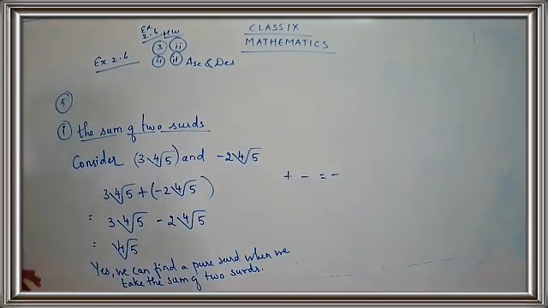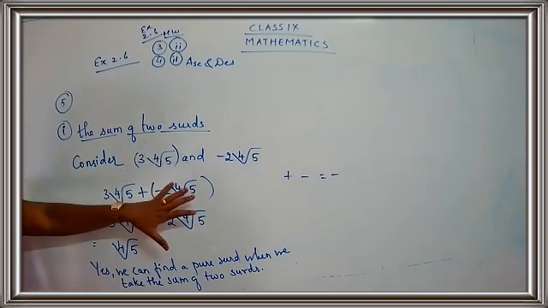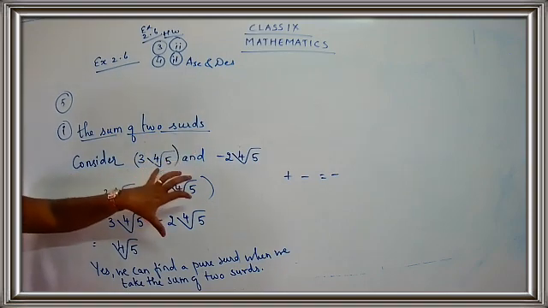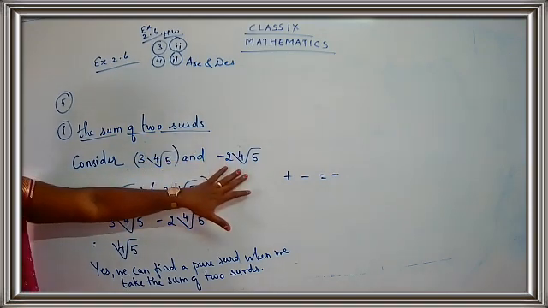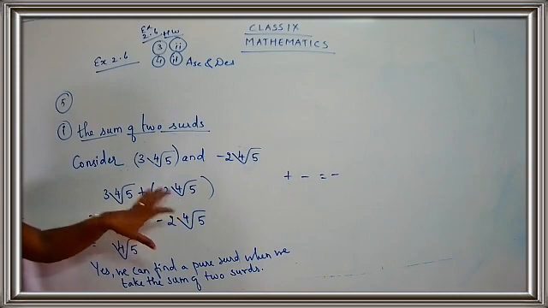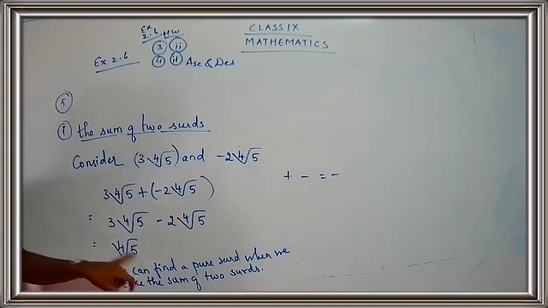They have asked, can you find? Yes, I can find. How? We are just going to give an example and you're going to check it. We have taken 3 into 4th root 5 and minus 2 into 4th root 5. I have added the two surds and I got the answer as 4th root of 5. Here the coefficient is 1. What is the coefficient here? The coefficient is 1. That is, the surd is a pure surd.